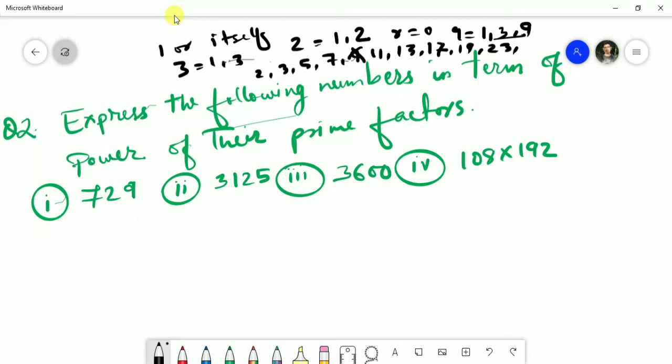For example, you will get 17 only in the 17 table, or with 1: if you multiply 1 into 17, you get 17. So except 1 and their own table, if the number is not available in any other table, then remember that is your prime number.